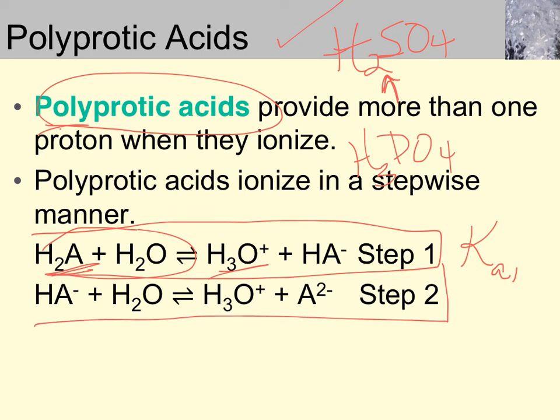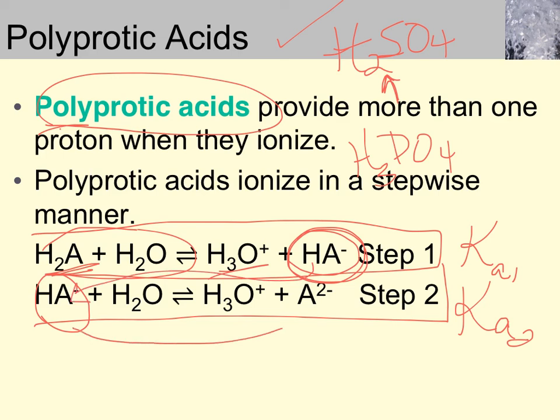When it donates a second one, it would be called Ka2. So that means that you take the conjugate base from step 1, when it's donated one proton, and make it donate a second one. All right?